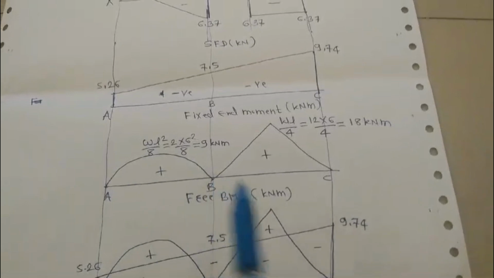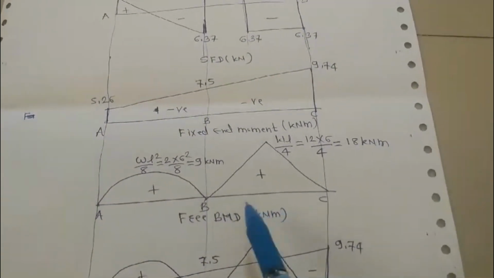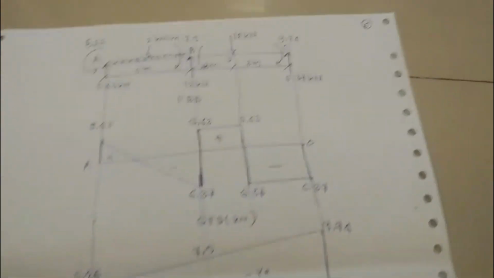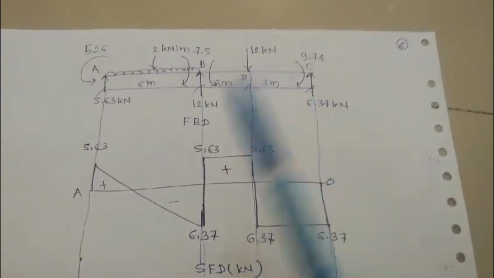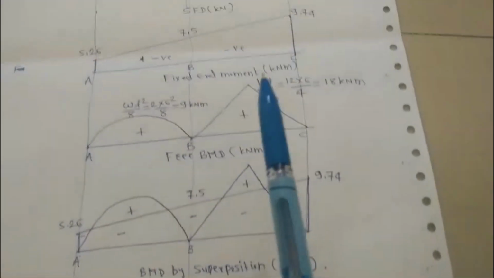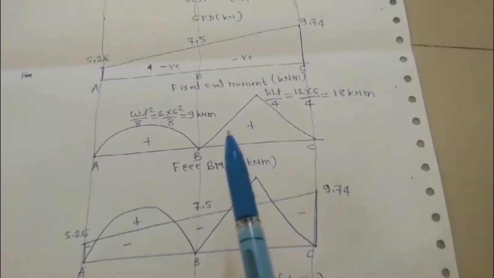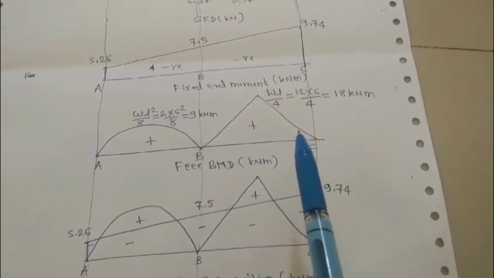On span BC a concentrated load is acting, hence the formula is WL upon 4. W is 12, span is 6, so 12 into 6 divided by 4, you will get 18 kN meter. Since a concentrated load is acting, the BMD is triangular in nature.